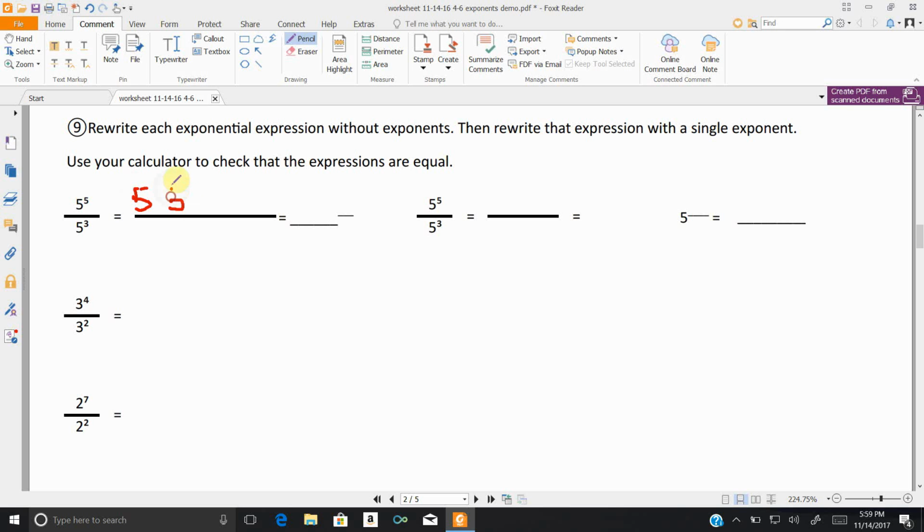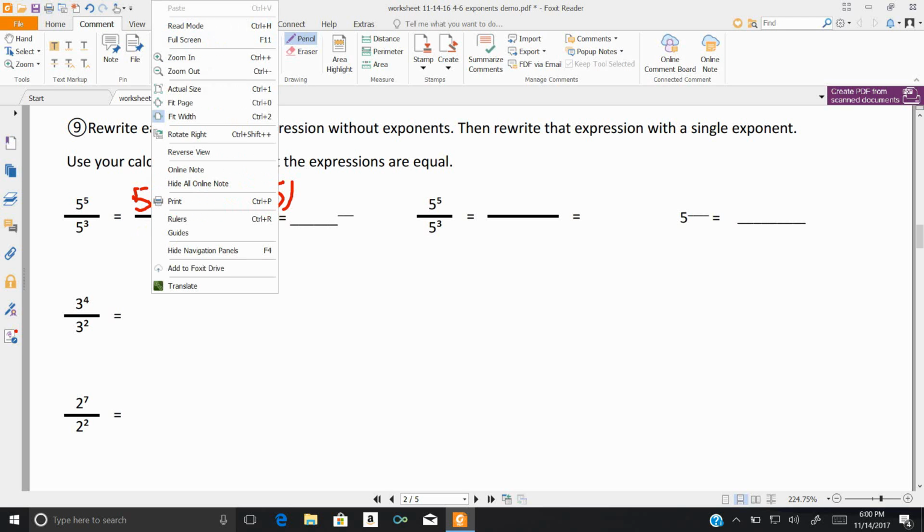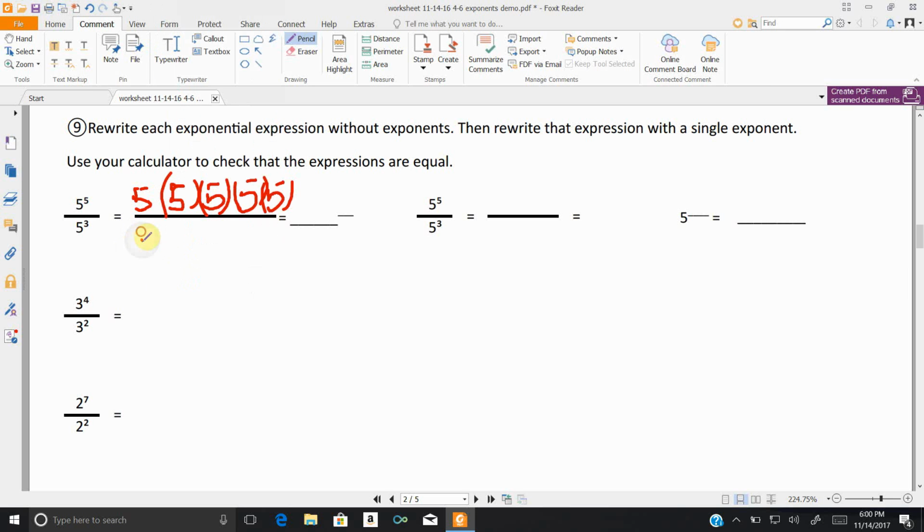So that means write 5 5s and multiply them together. And in the denominator, I have 5 to the 3rd power. So I'm going to write 3 5s and multiply them together.